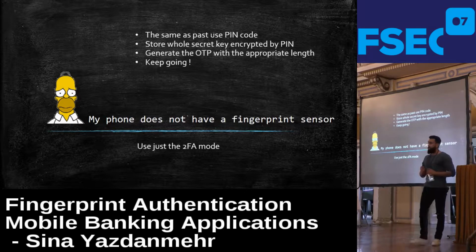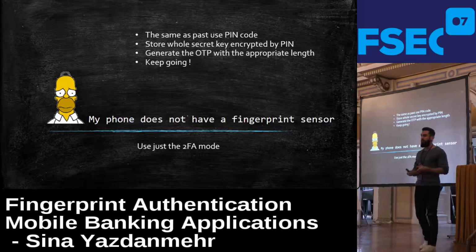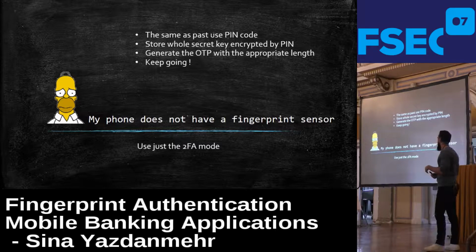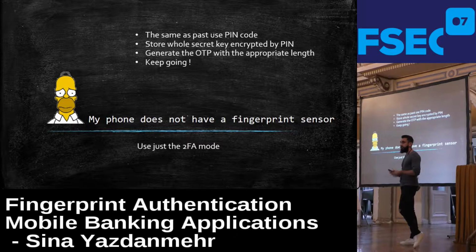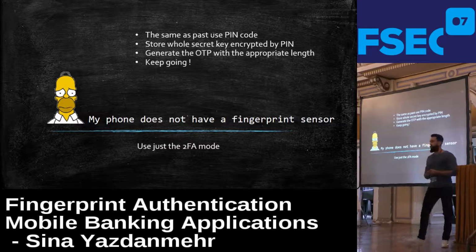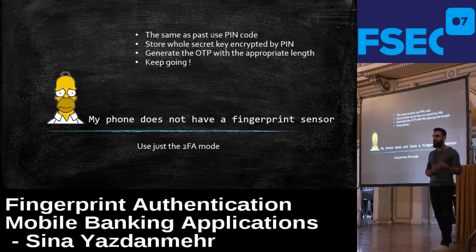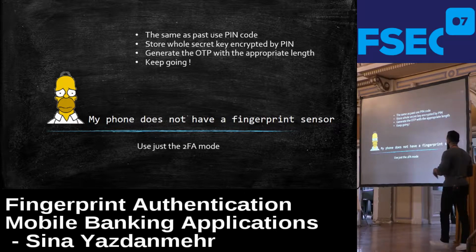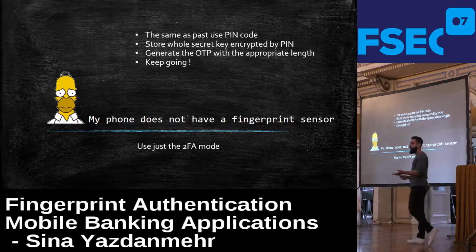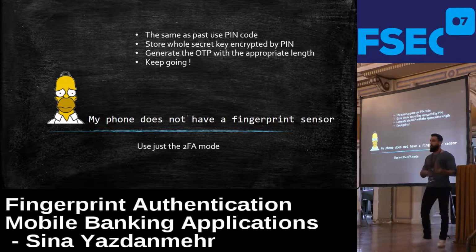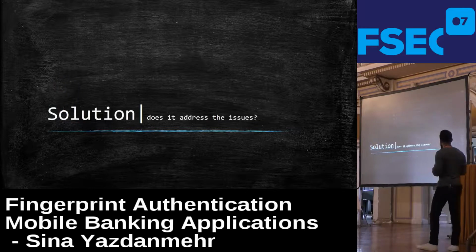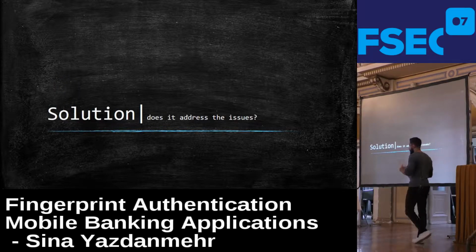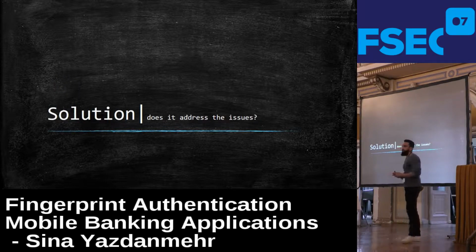When you receive the secret key, just encrypt the whole secret key with the PIN code and store that on the device, the same way you did it before the fingerprint sensor came to the mobile phone. Nothing has changed. So again, you don't need to change anything in the server-side app, database, or in your mobile app too much.